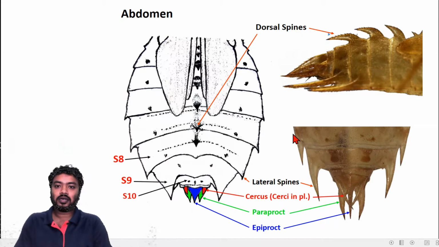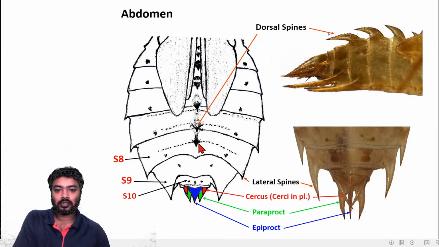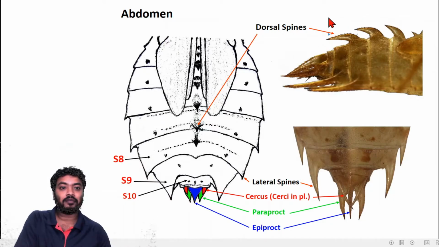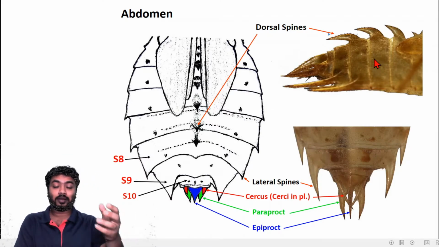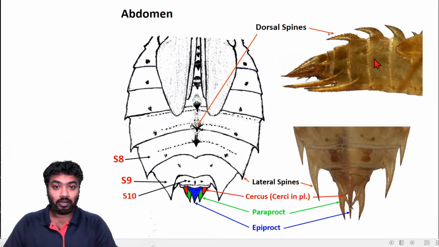Okay, so this is the abdomen. See here, I have drawn the dorsal spines. These are dorsal spines. These are dorsal spines of another species. This is a lateral view. So you can easily understand how the dorsal spines look. It is very grown and very big for this species. But all the species may not have such grown and prominent dorsal spines.